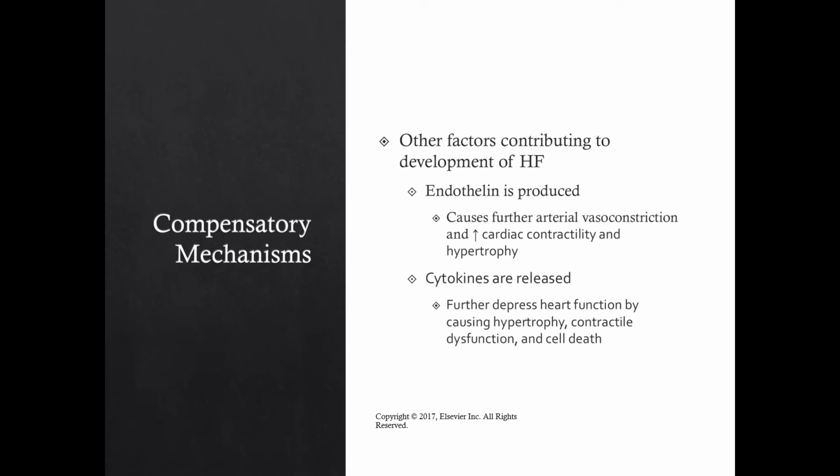Cytokines is really just talking about a local pro-inflammatory response happening at the cellular level. The heart cells are releasing them in response to cardiac injury. So if they have a myocardial infarction, they're going to start to release a lot of these pro-inflammatory cytokines, like TNF and interleukins, there's a whole bunch of them, 1, 6, you name it. They end up depressing the heart function again.